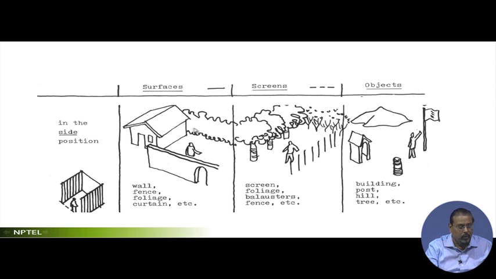Okay. So, here if it is surface, look, this building is a three-dimensional geometry, but to a viewer the projected geometry of this surface is the vertical plane. This wall is a two-dimensional geometry almost, with a little bit of three-dimensionality in terms of width or thickness, but to this user it is a vertical plane. Look at the foliage. Foliage has a very strong three-dimensional geometry.